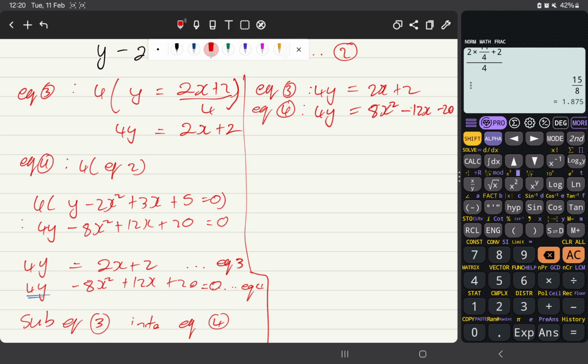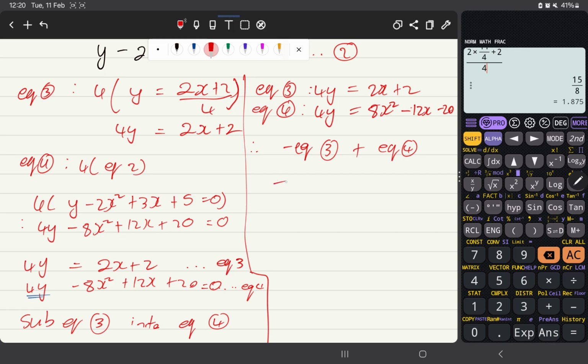Now what do I do next? It's elimination, and I'm trying to eliminate one of the variables. It will be easy to eliminate y in this case. So I can say therefore minus equation 3 plus equation 4.